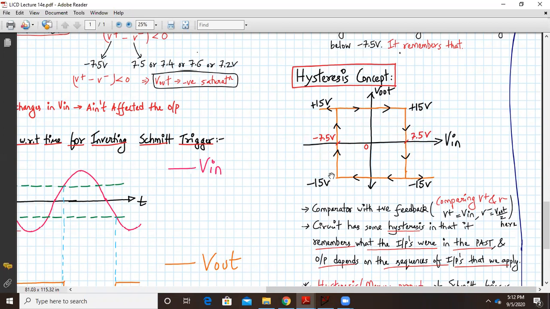Between 7.5 and minus 7.5 is called the deadband region, or the hysteresis width. Whenever the input falls in this range, the output state is locked. Basically, it is either at plus V sat or minus V sat. So that's why hysteresis curves are so useful.